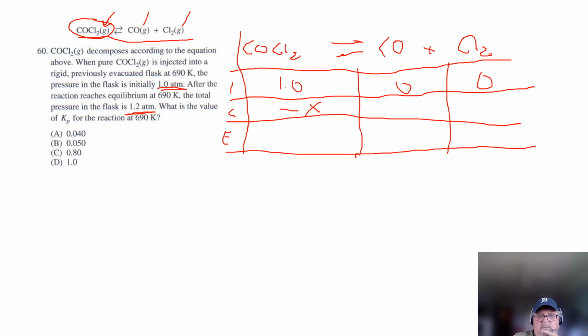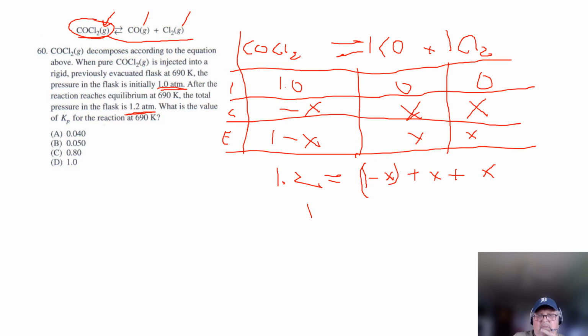This changes by some amount, and the products both change by x, because they all have 1 in front of them, a 1 to 1 to 1 stoichiometric ratio. So at equilibrium, we get 1 minus x, x, and x. So the total pressure, which is 1.2, has to equal 1 minus x plus x plus x.